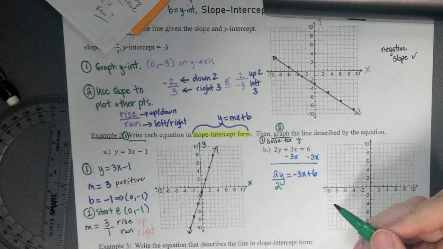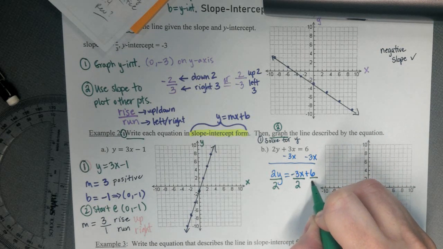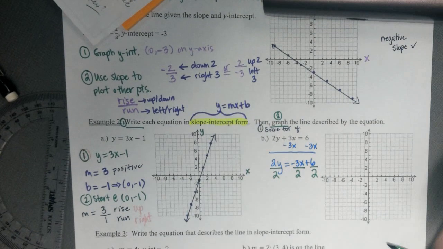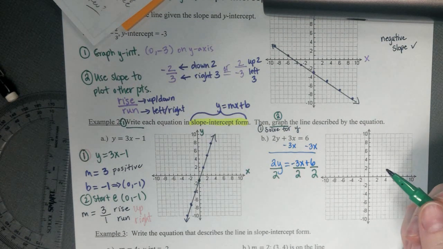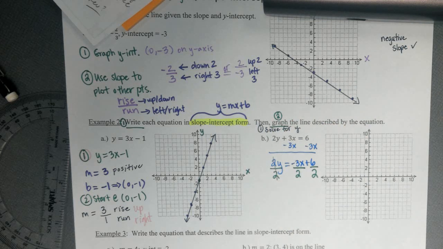Now, when you're dividing by 2, remember, we're dividing this term by 2 and this term by 2. So if you want to write the divided by 2 under each of those, that's great. So then the 2's will cancel.